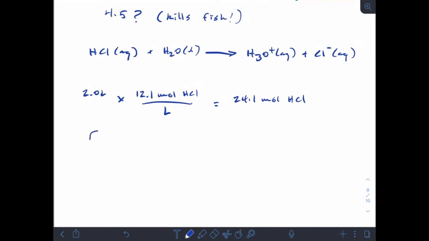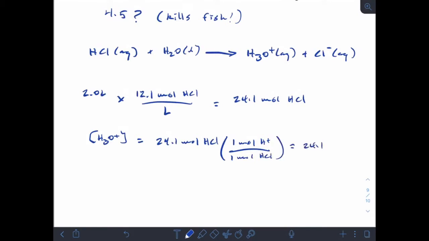Our H3O+ concentration comes from how many protons there are per molecule. 24.1 moles of HCl, and we have 1 mole of H+ per mole of HCl.